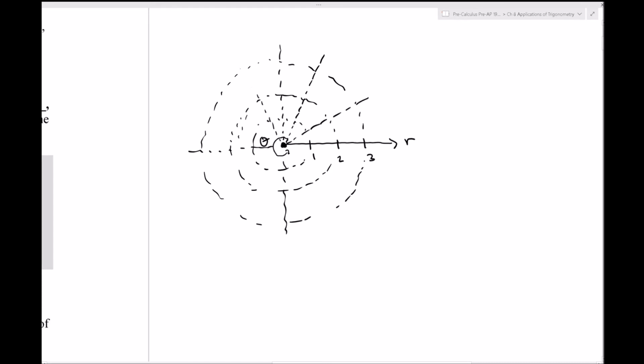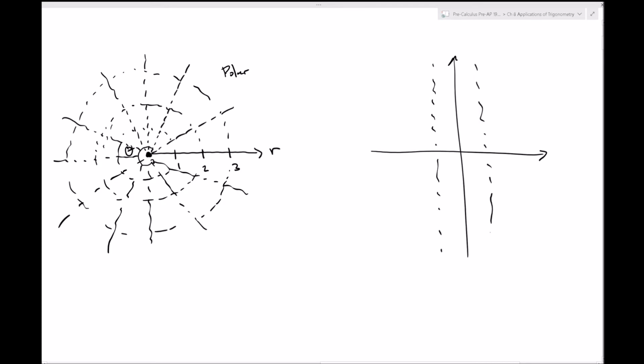Another third, another third, another third is pi, another third, another third, and so on, and a final third. It looks like a spider web the way that I drew it, but that's the way we think of the polar grid. It's a circular and radial grid instead.